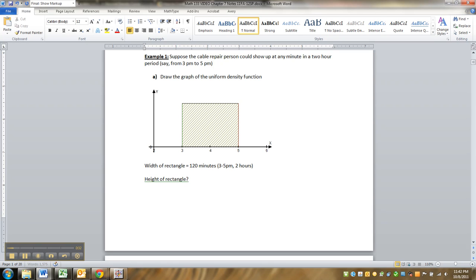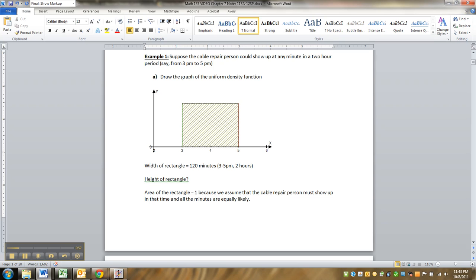Well, I know that the area of the rectangle has to be 1, right? Because we assume that the cable repair person must show up in that time and all the minutes are equally likely.